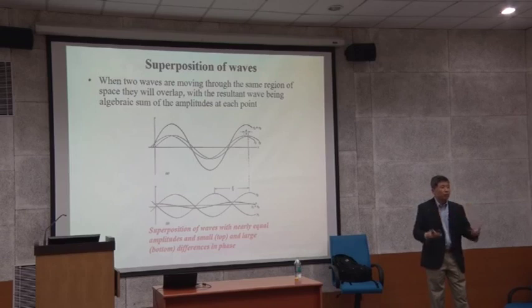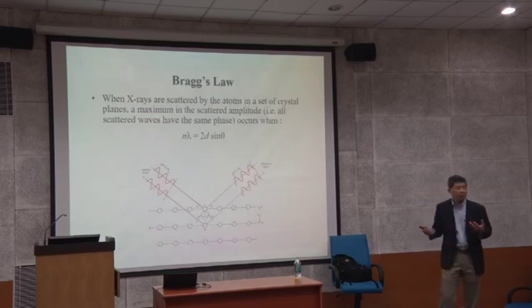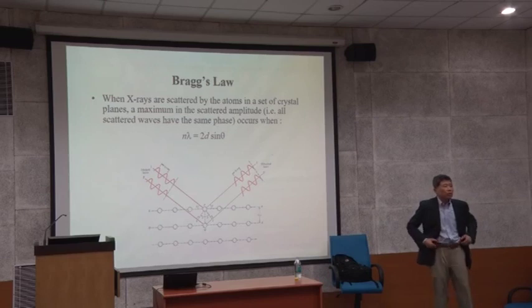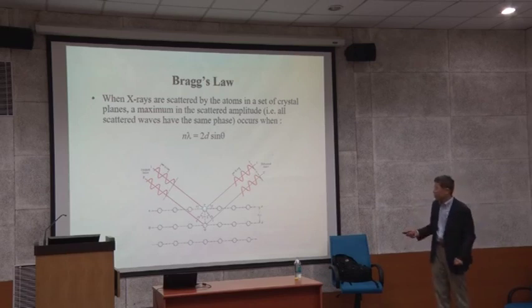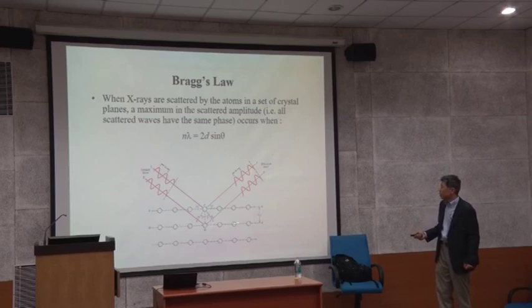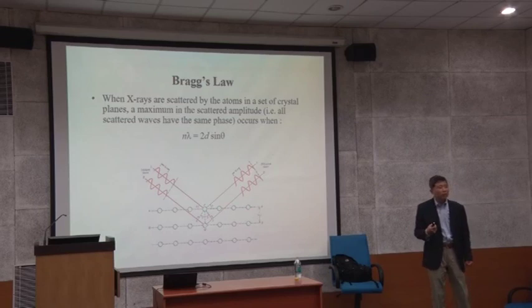Okay, interference. X-ray diffraction is described in a very simple way by the Bragg law, and the Bragg law is a real space interpretation, not a reciprocal space interpretation, a real space interpretation. As you can see, you have a periodic array of atoms. But the interaction between the X-ray and the atom is not with the nucleus.